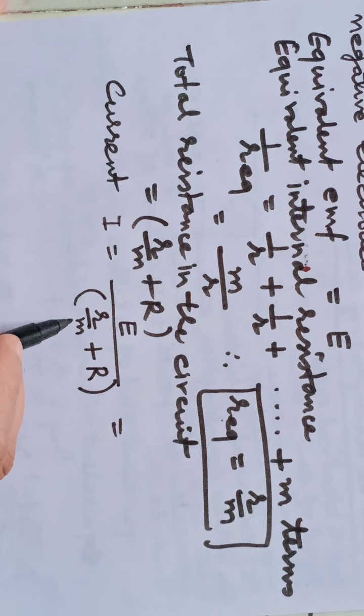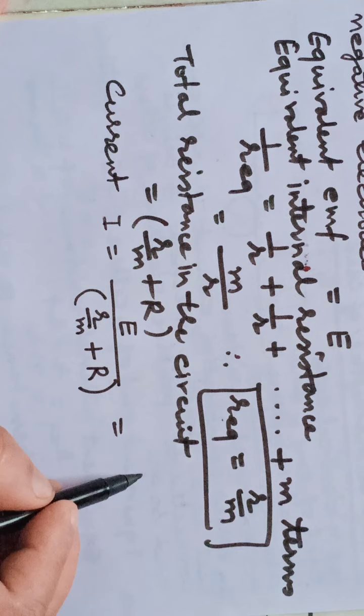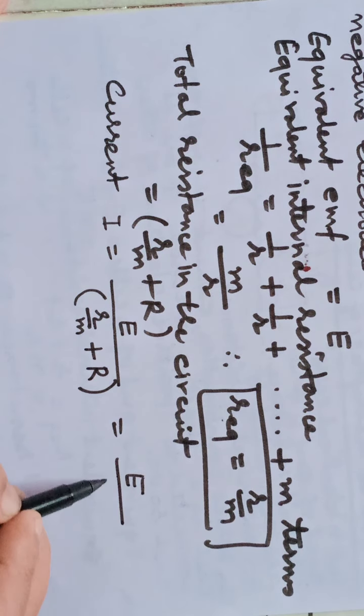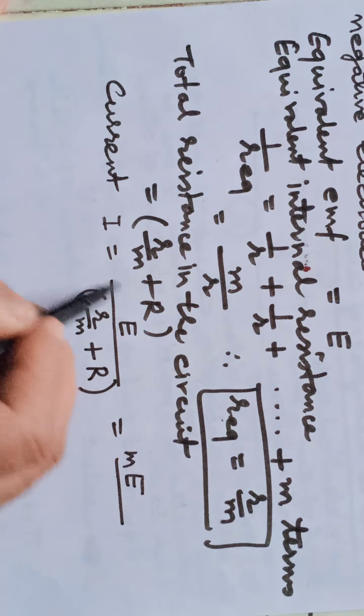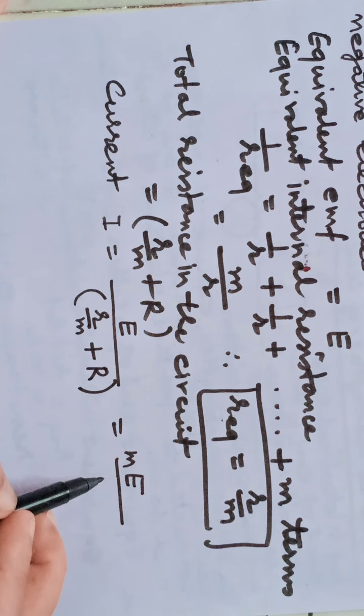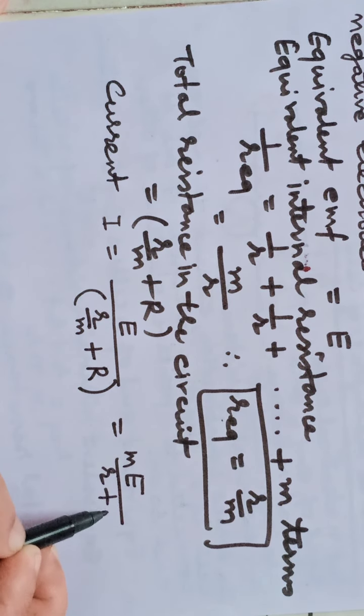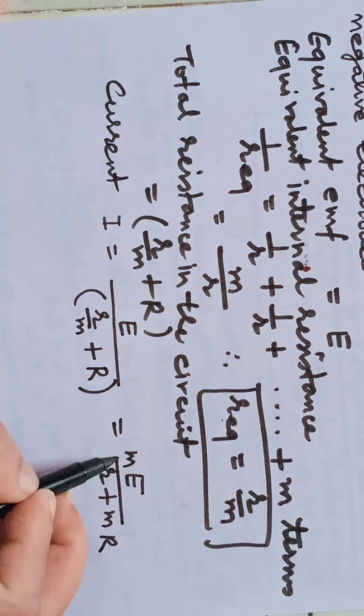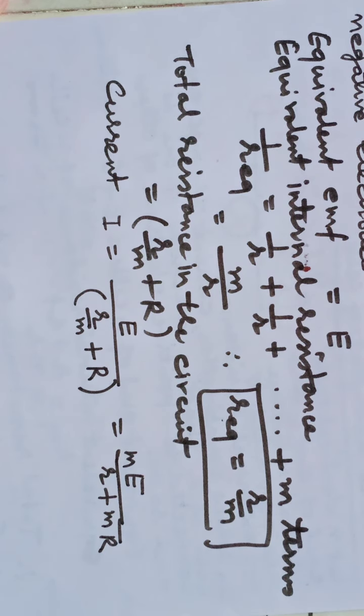Now let us take the LCM m, so it will be converted into mE upon, now this m will go in the numerator, upon r plus mR. So this will be the current.